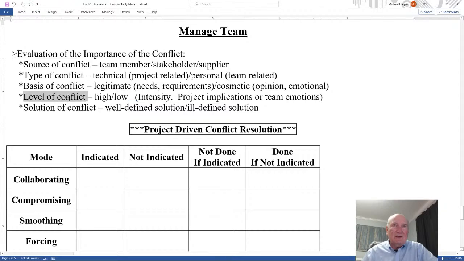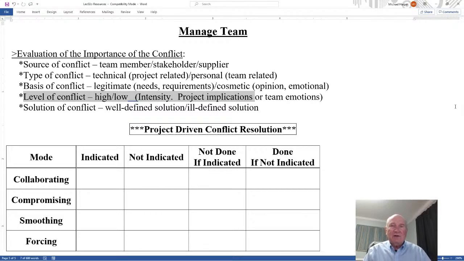The level of conflict, high or low. In other words, what is the intensity? What's the spectrum of the intensity, like a dial? If it's low intensity, how to deal with it may be very different than if it's a very high intensity conflict. In other words, project implications or team emotions. If there's a high level of conflict on project implications, we need to address this because this could be failure.